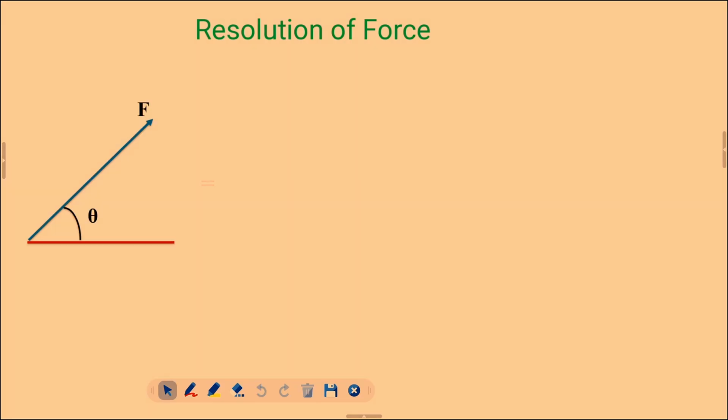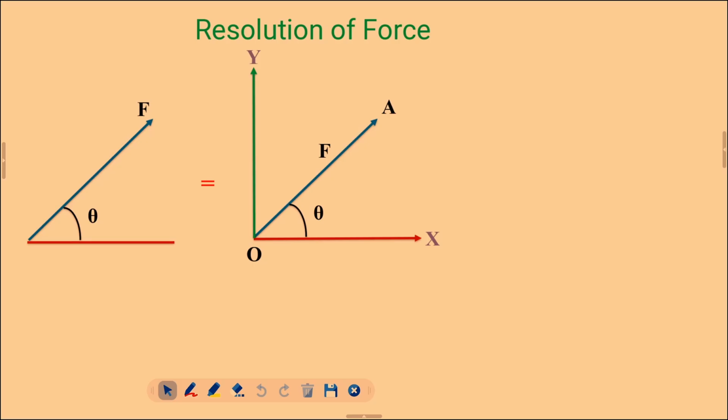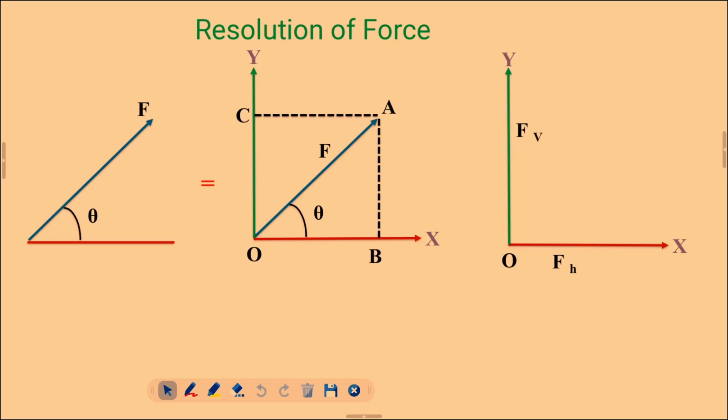Now, just to refresh, first initially the inclined force we have split into two, OB and OC, then finally we found the horizontal force FH and FV. Now, this OB denotes the direction of the component. Earlier we saw about magnitude.